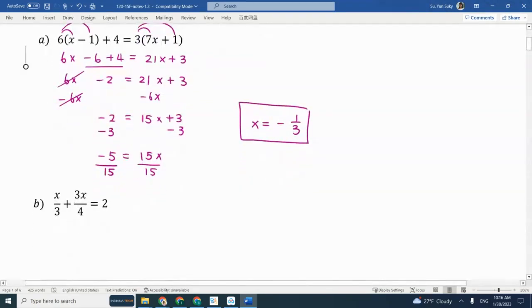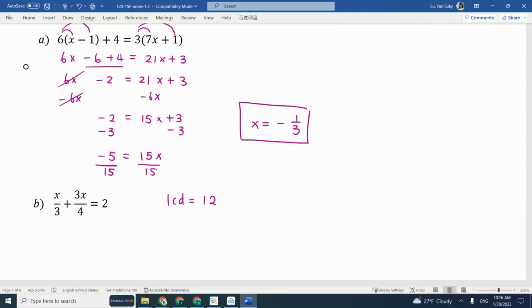All right. What happens if we have a fraction? Well, we want to find the common denominator, right? What is the least common denominator here? 12. Yes. Okay. So what do you usually do? Do you multiply by 12 on both sides, or you want to make each term has 12 at the bottom first?